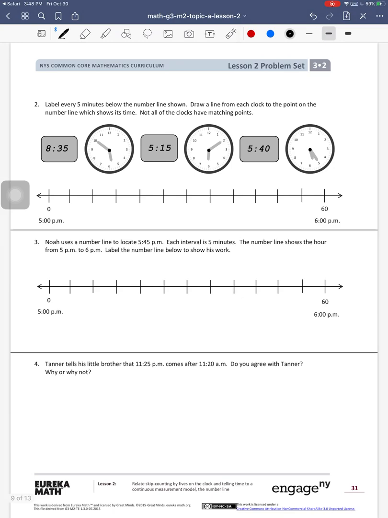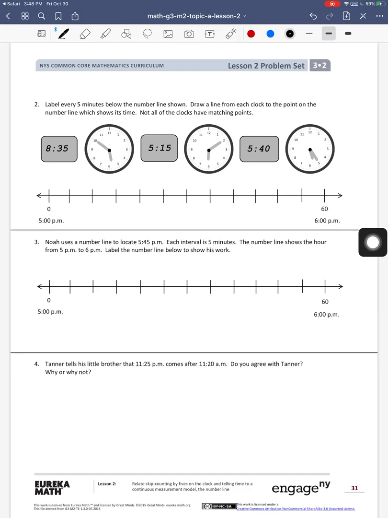Number 2, label every 5 minutes below the number line shown. Draw a line from each clock to the point on the number line which shows its time. Not all the clocks have matching points. All right, so over here we see 5 o'clock, and over here it's 6 o'clock.